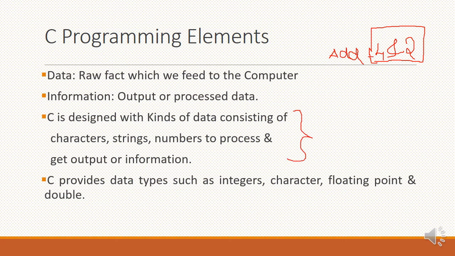What they want to tell is that C is one kind of program. Here we are giving data, maybe characters, strings, numbers, to process and get the output or the information. Actually, I have taken only numbers, but you should not think that C accepts only numbers.